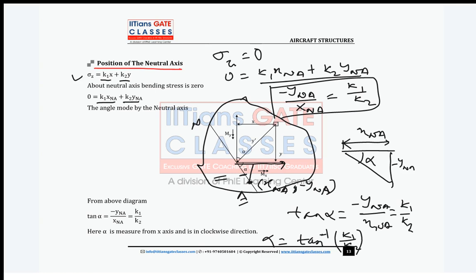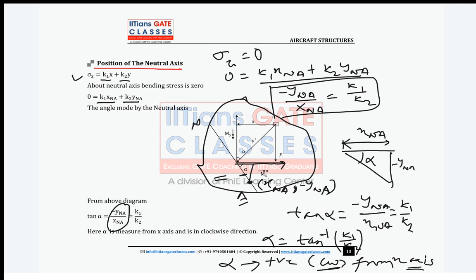Now alpha is measured in which direction? Alpha is positive and it is measured clockwise from X. Okay, clear? So guys, if you refer to the Maxon book, why this minus sign is coming, they are not clarified.